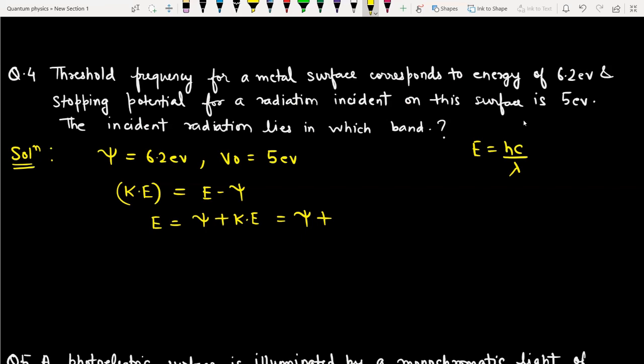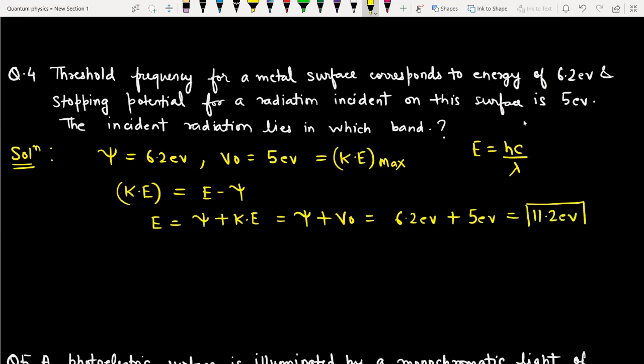So this maximum kinetic energy must exactly be equal to EV0, and instead of this kinetic energy, we'll write V0. If you add it, 6.2 electron volts plus V0, which is 5 electron volts, is equal to 11.2 electron volts. This is the value of the energy of the incident radiation.